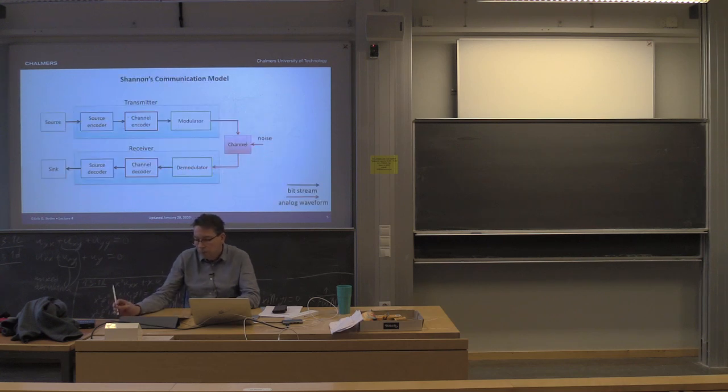So there are models for everything, right? The people that work in the physical layer love this model. It's called Shannon's communications model. Claude Shannon is the founding father of a branch of, I would say, applied mathematics called information theory. So he's really a big shot.